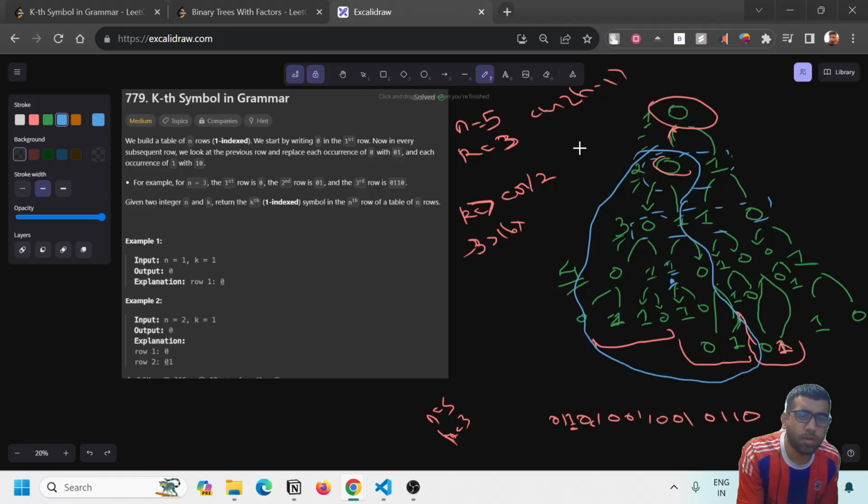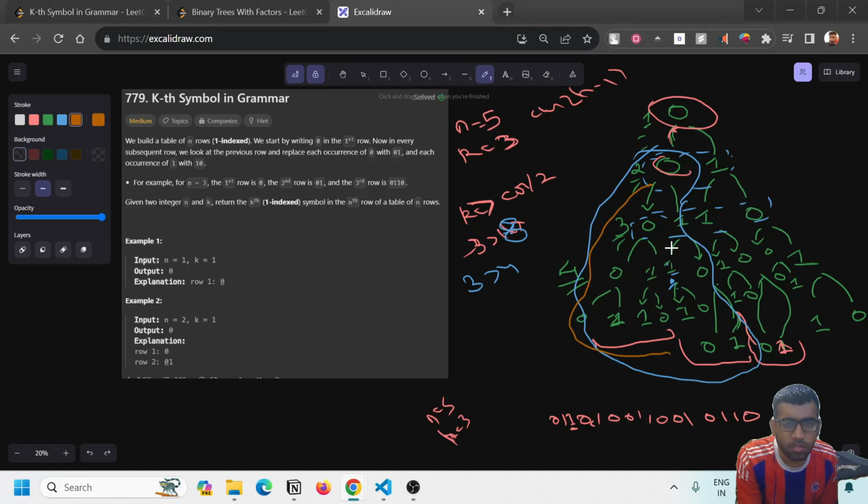It was 8 here. So we'll check if 3 is greater than 4. No, it's not. Again we'll go to the left side of the tree. So this is the tree here, and 0 is here, and 1 is here.